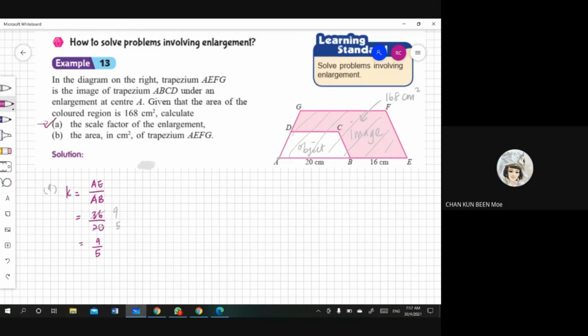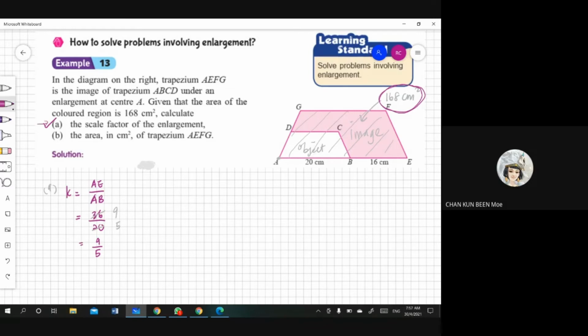Now we need to find the area of the trapezium AEFG. We need to find the whole image area. To find the image area, you are going to apply this: the image area minus the object area, which is equal to 168.